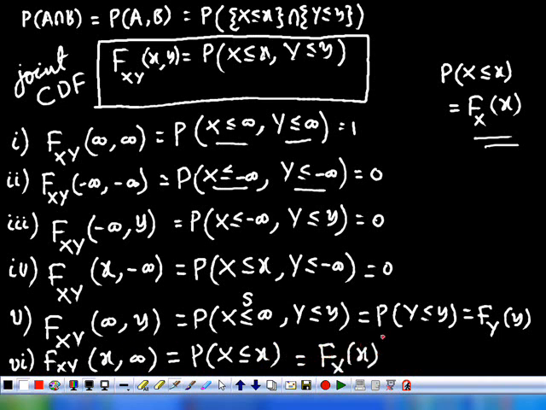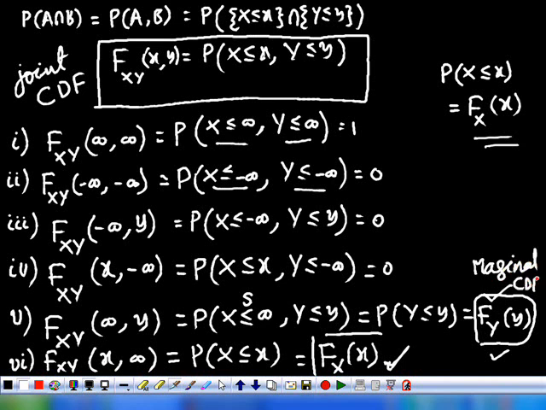So here the last two equations are very important. We obtain Fy of y. What is Fy of y? CDF of y, and Fx of x is CDF of x. If you derive the CDF of y and x from the joint CDF, then those two CDFs are called the marginal CDFs. This is called the marginal distribution function, and this is also the marginal CDF of x.